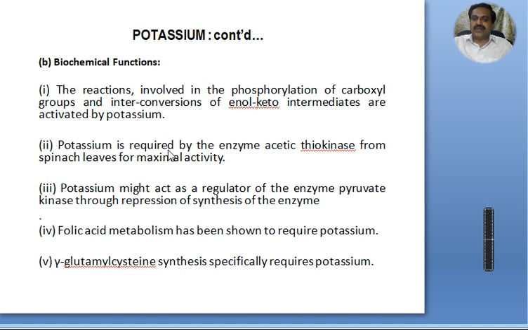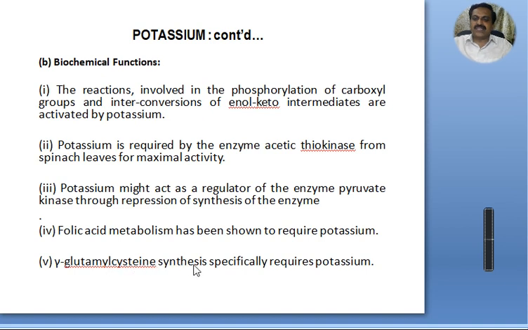Potassium is required by the enzyme acetic thiokinase from spinach leaves for maximum activity. Potassium might act as a regulator of the enzyme pyruvate kinase through a repression of synthesis of the enzyme. Folic acid metabolism has been shown to require potassium.